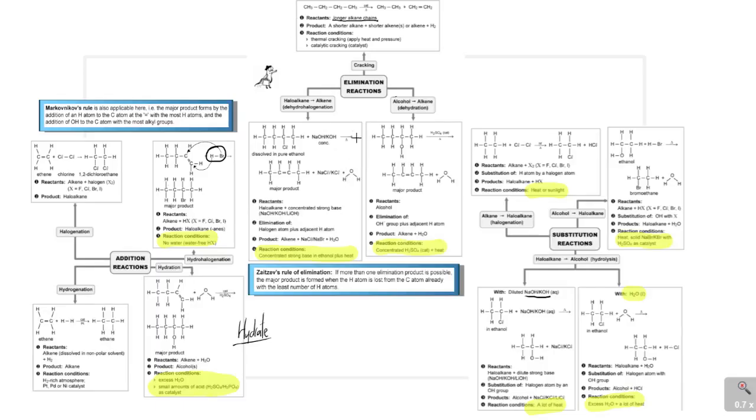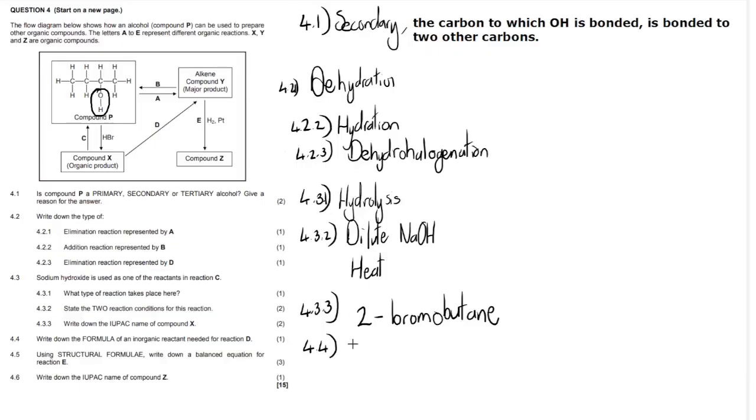What is the inorganic reactant needed for haloalkane to alkene? Is it concentrated strong base in ethanol plus heat? In this case, we want a strong base. Sodium hydroxide is a very common one that we know of, a very strong base.